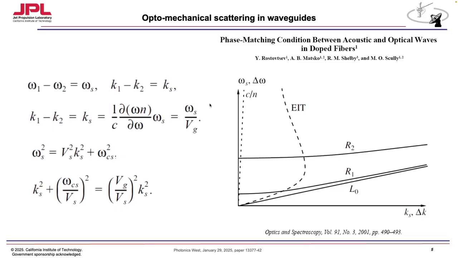And there are two possible configurations here. For example, we have electromagnetically induced transparency modified group velocity dispersion. Then we can scatter on acoustic waves that don't have a cutoff frequency, but also if an acoustic wave has a cutoff frequency, it is possible to achieve phase matching with those frequencies as well, without the requirement of slow light.